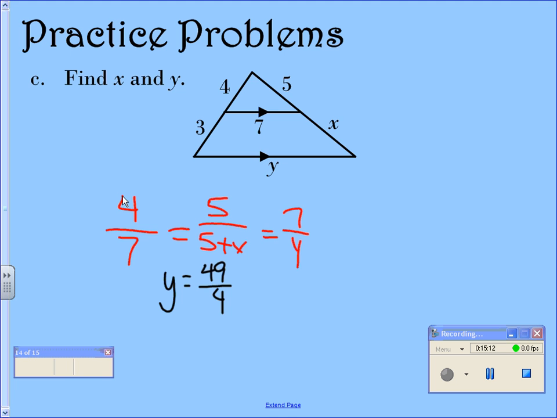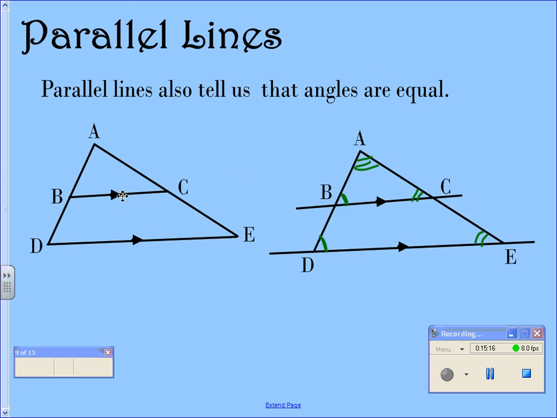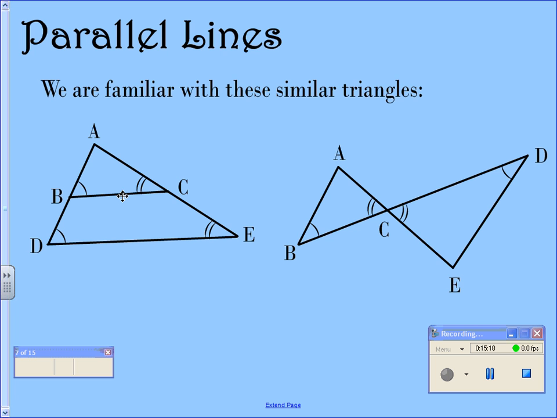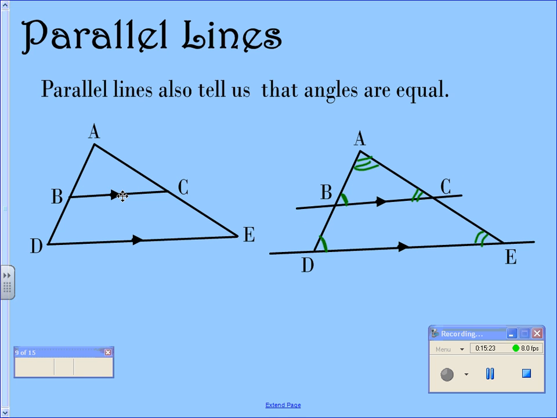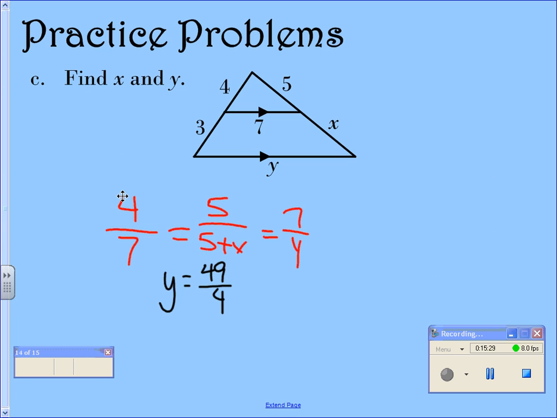Normally they'll tell you about the angles, but you also know that they're similar because of the parallel lines. Does that make sense? And so if y equals 49 over 4, how would I find x?